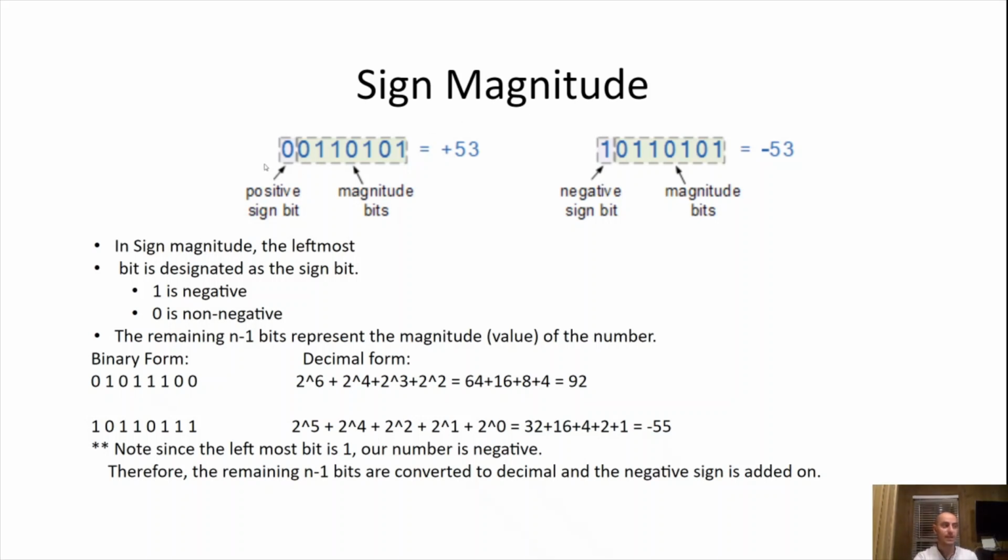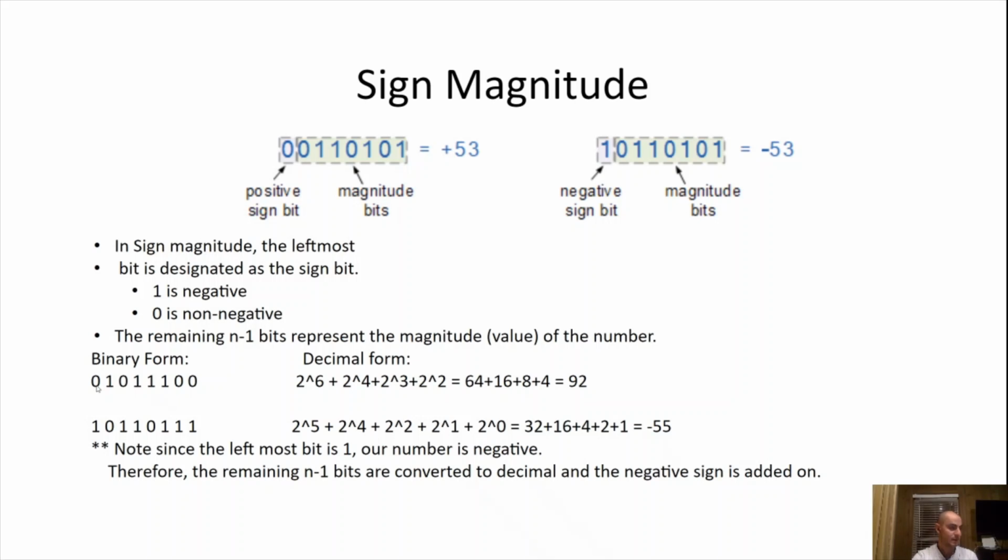Just looking at the number, you're not going to know that this is a sign magnitude method. But knowing that, you keep this one aside, you say, okay, there is a negative number, and then you continue with the conversion, calculate your 53, and then you put the negative back. So 1 is negative and 0 is non-negative or positive.